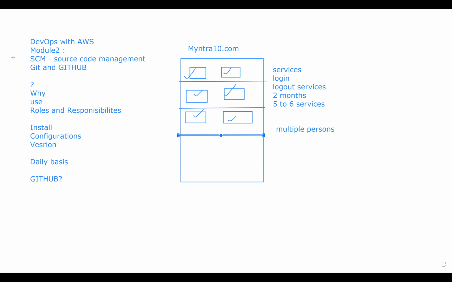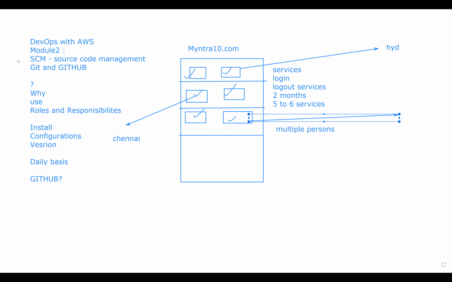Will all of them work from one place? No. Different team members will work from different places. Let us consider that one person is working from Bangalore or Hyderabad, another from a different state, say Chennai, and the third from the States.